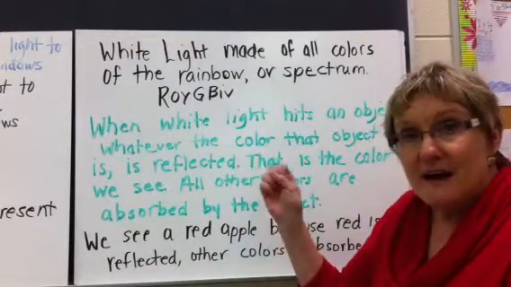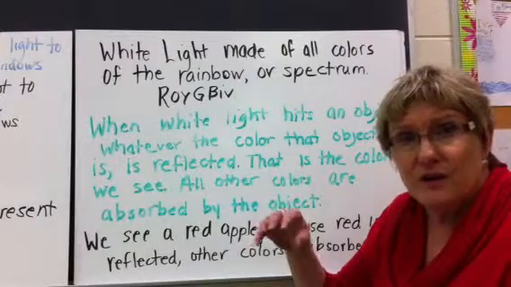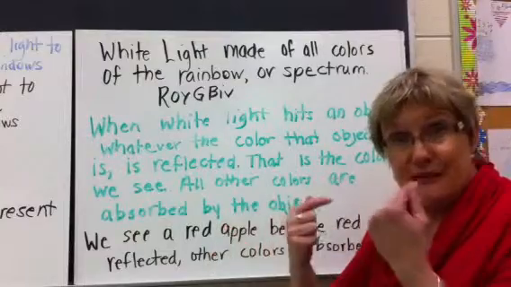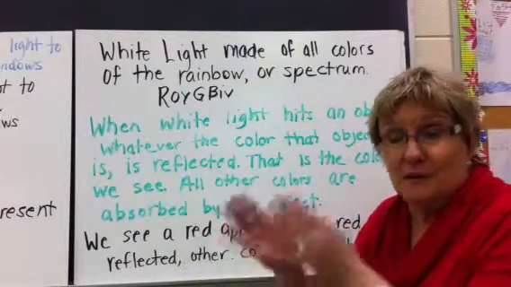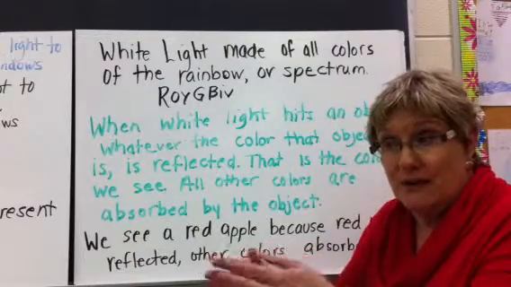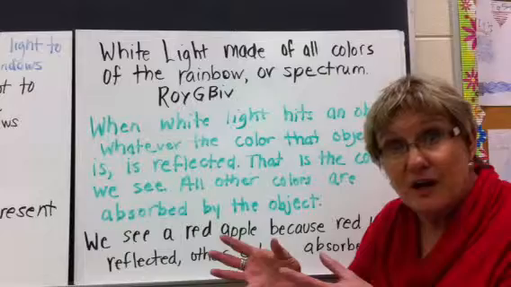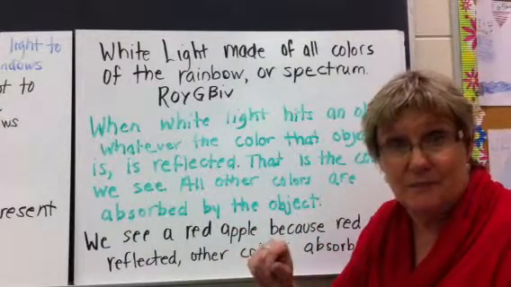When white light hits an object, whatever color that object is, that is what is reflected to us. If it's a red apple, white light hits the red apple, the red is reflected back to us and we see a red apple. All the other colors that were in the white light are absorbed into that apple.